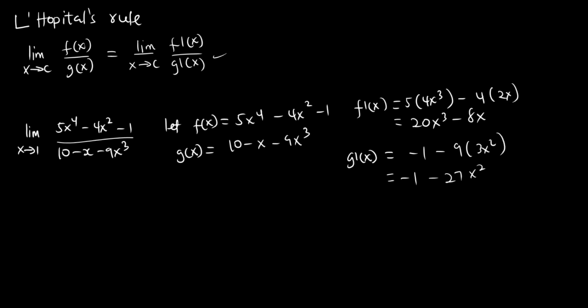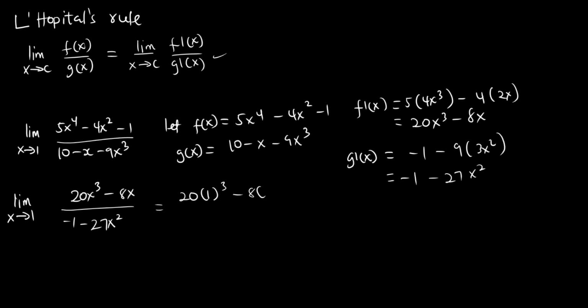So let's try the direct substitution. So we're going to have the limit as x approaches 1 of f prime of x, which is 20x cubed minus 8x, divided by minus 1 minus 27x squared. Now let's try the direct substitution again. So we're going to have 20 into bracket 1 to the power 3 minus 8 into bracket 1, divided by minus 1 minus 27 into bracket 1 squared.